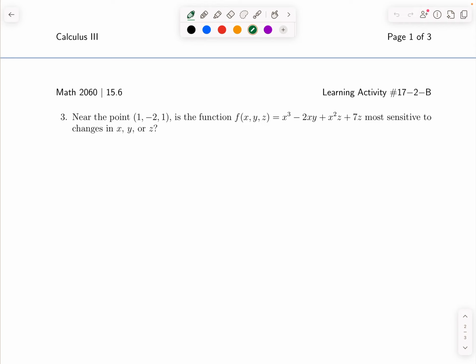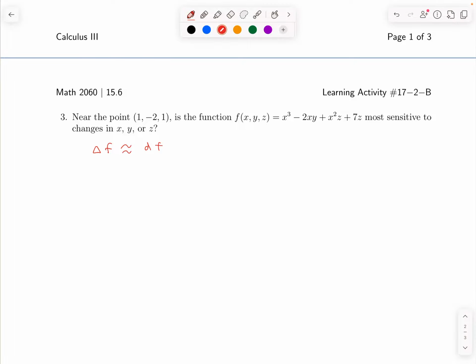Now you might be wondering what this problem has to do with the total differential. Because it says most sensitive to change in x, y, or z. So that means when you change x, change y, change z, the function will change, right? So we know that right here the real change in f should be approximately equal to the total differential df.